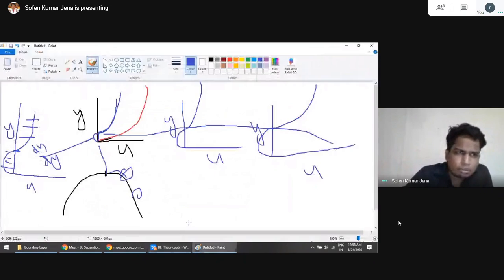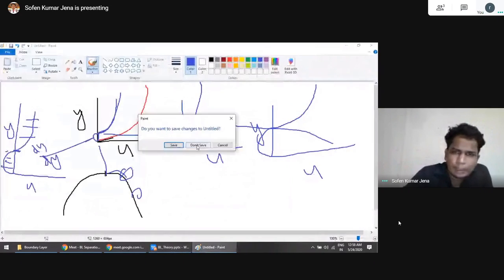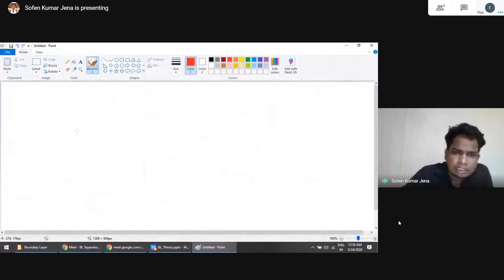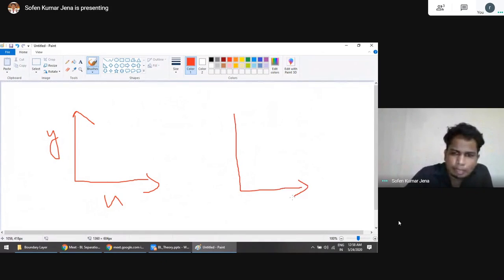Let me go to a new slide. So at the y equal to 0 location, even if the boundary layer started, del u by del y is equal to 0 location.